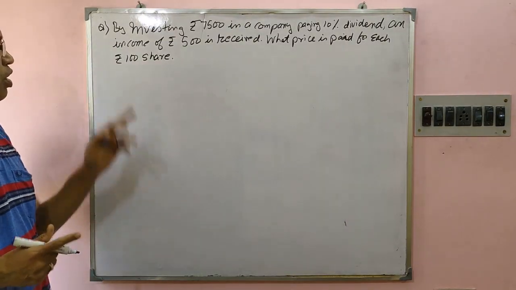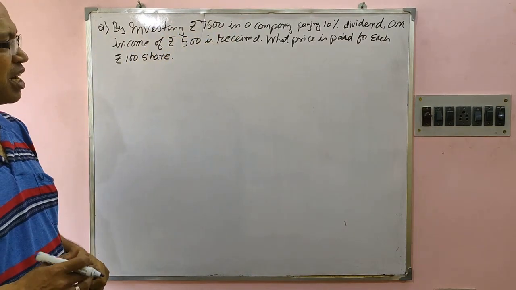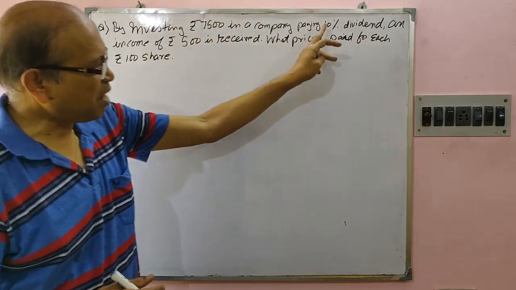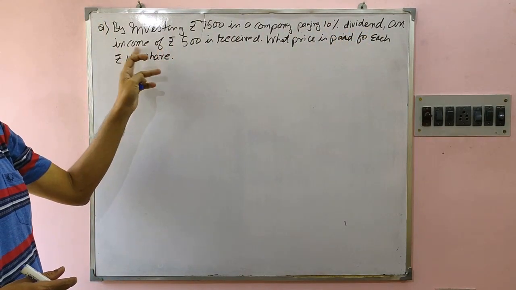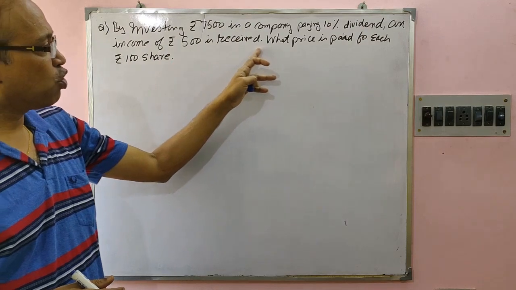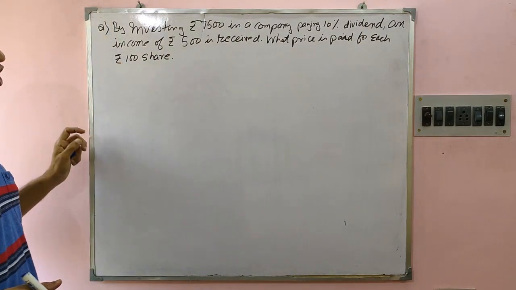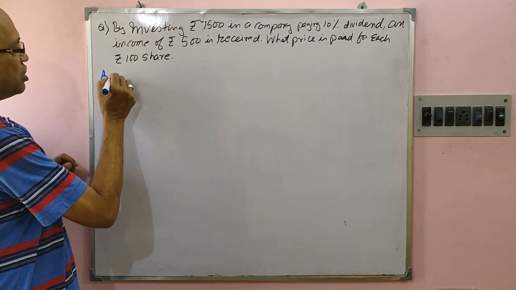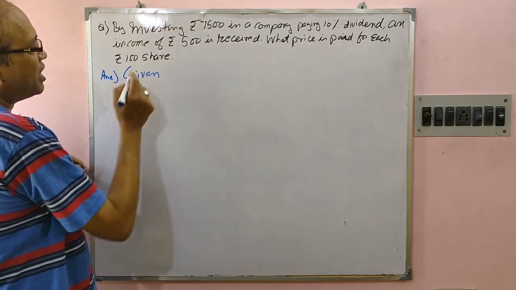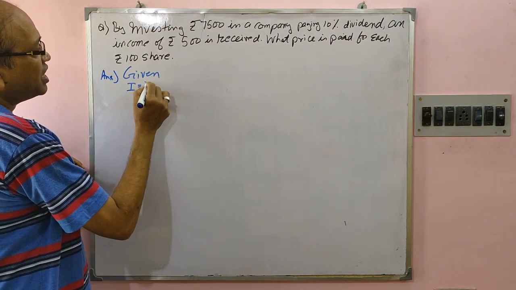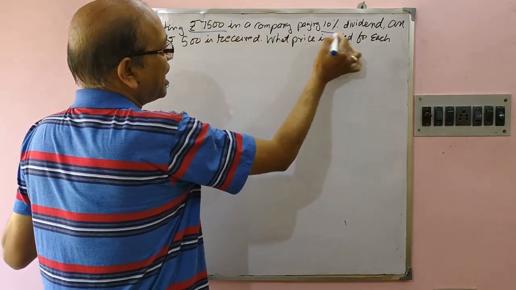Next sum. By investing rupees 7500 in a company paying 10% dividend, an annual income of rupees 500 is received. What price is paid for each rupees 100 share? What is given? Investment I is given, 7500, in a company paying 10% dividend.